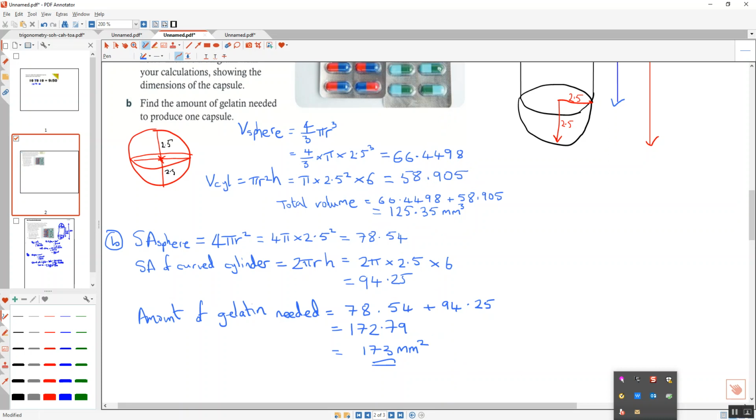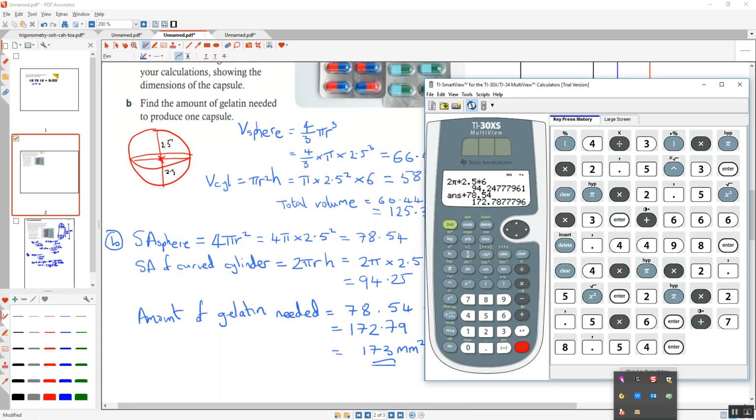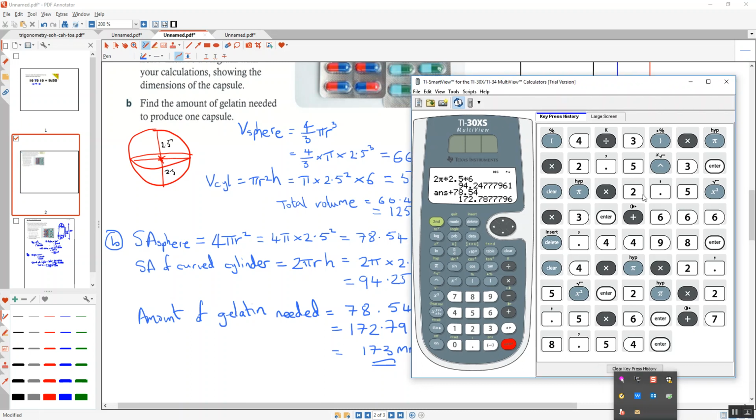I went back, looked at my calculator, and saw that for the volume of a cylinder, right here, I put in pi times 2.5 squared, but for some reason I multiplied by 3 when I should have multiplied by 6.